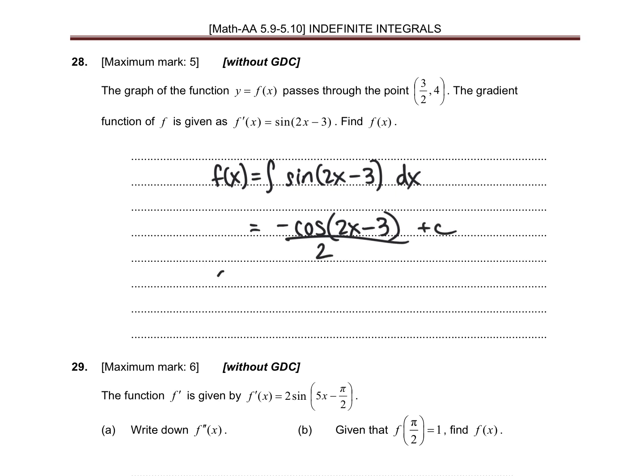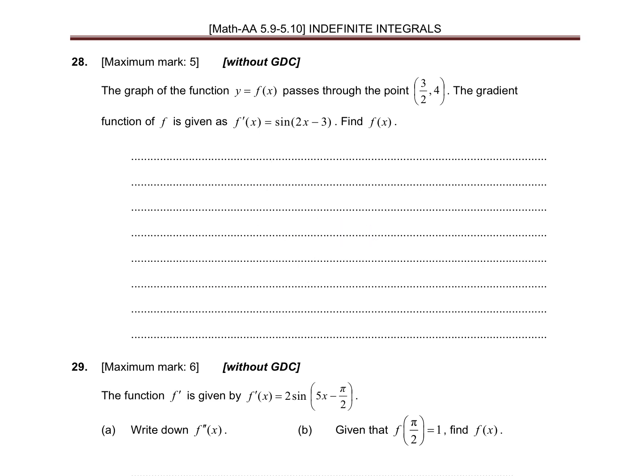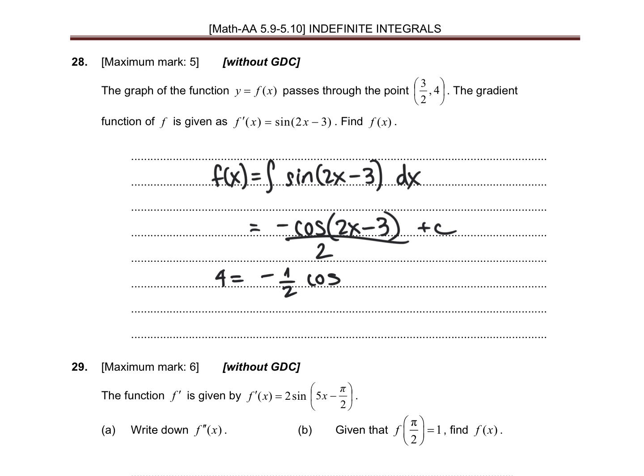So we're going to have 4 is negative 1/2 cosine 2 times 3 over 2 is 3 minus 3, so 0, plus c. So cosine 0 is 1, so we add 1/2 over, so we get c is 4.5. So we're going to have negative 1/2 cosine 2x minus 3 plus 4.5.